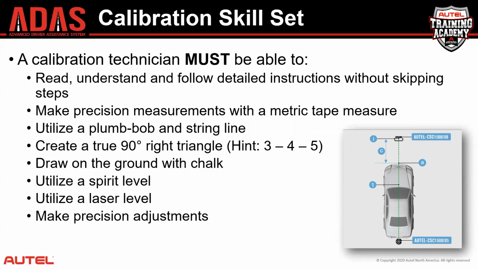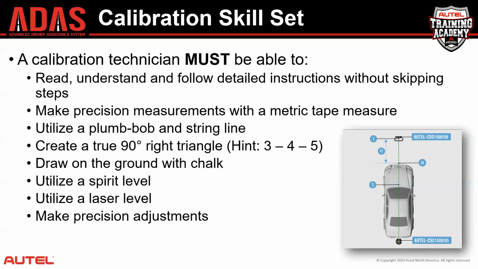And you may have to actually draw that out on the ground and mark specific points with chalk, or using painter's tape and a marker or a grease pencil. Drawing on the ground with chalk, that important skill we learned in preschool, is now a valuable skill as we get into ADAS calibrations.